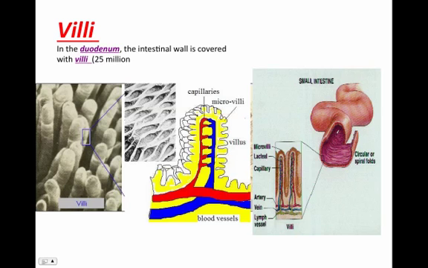Here's what it looks like again. If you unfold the small intestine and blow it up like this, you'll see these tiny little fingers called villi, which have capillaries in them. And then the nutrients dissolve or diffuse into the capillary bed, which takes the important nutrients like carbohydrates and fats and proteins to our cells.